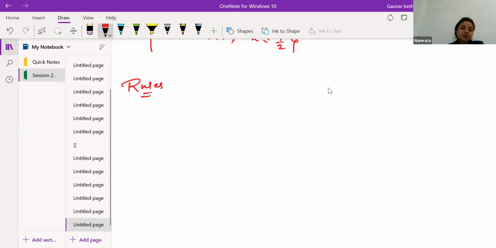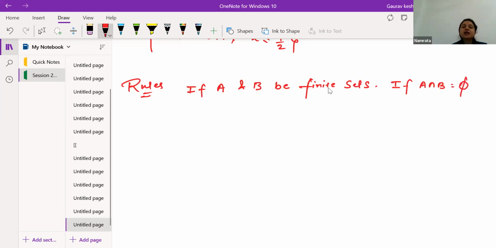So the rules are, if A and B are finite sets, and if A intersection B is empty, that is nothing common, like there is no element common in set A and set B, then the number of elements in A union B will be just the addition of the number of elements in A and the number of elements in B. We apply this when there is nothing common in A and B.